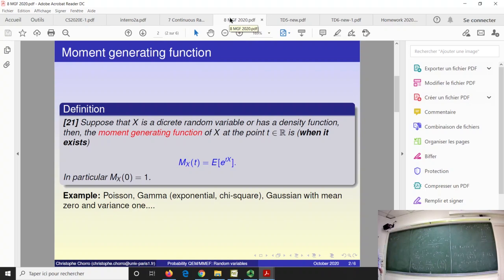I have forgotten the alpha here, so it is alpha over lambda minus t, the derivative of this one, multiplied by the exponential of the same thing.